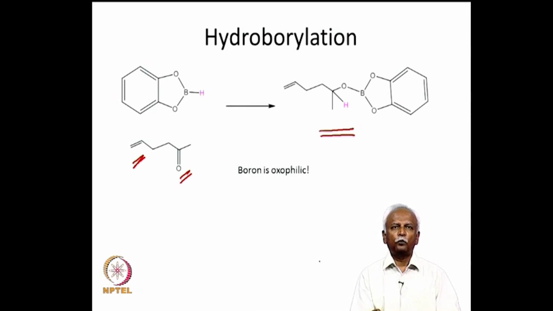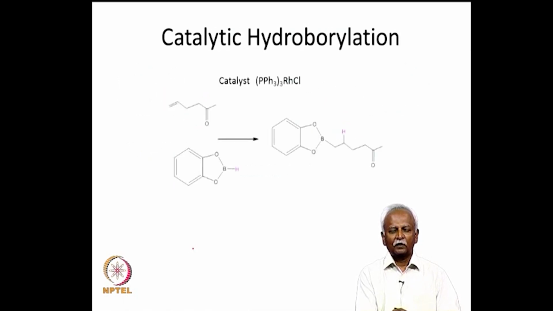So, what would you do if you want to react the carbon-carbon double bond with the borane? Hydroboration is a reaction which happens quite readily in many cases. So, you want to force the reaction to go on the carbon double bond carbon rather than on the C double bond O. Here is a catalyst, the familiar Wilkinson's catalyst, which carries out the same reaction that we have just discussed, and it results in the addition of the BH bond onto the olefinic carbon rather than onto the ketone.